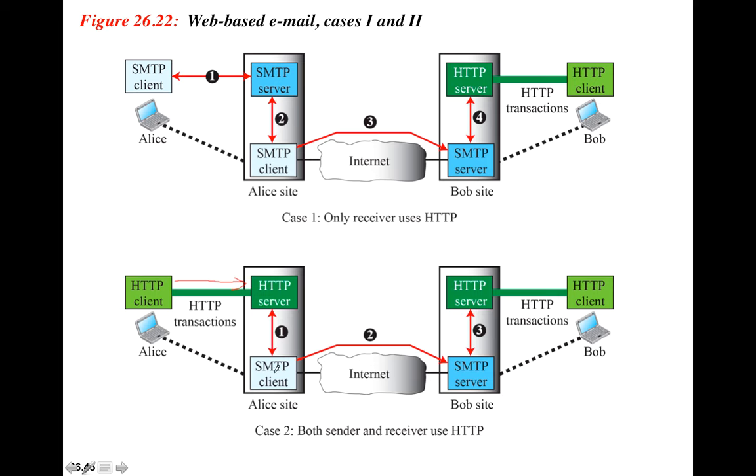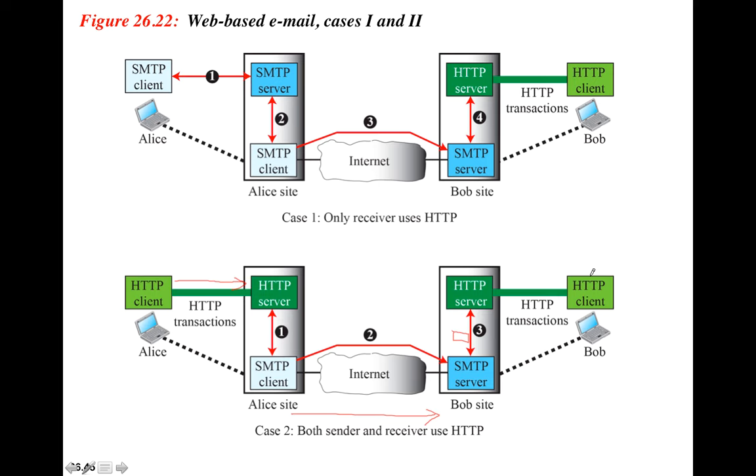But now the server takes the message and passes it on to the SMTP client, which interacts with the receiver's SMTP server. So in this case, the push operation is only taking place at the server side. Again, the received email gets stored in the mailbox, which is then when Bob logs into the HTTP server and retrieves the emails, he will see them on his browser.